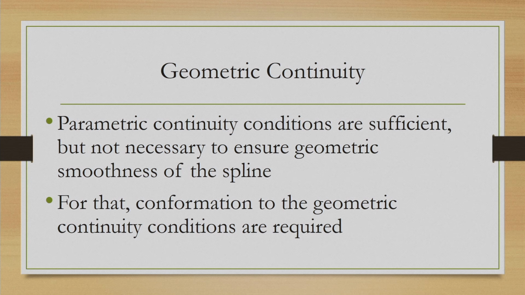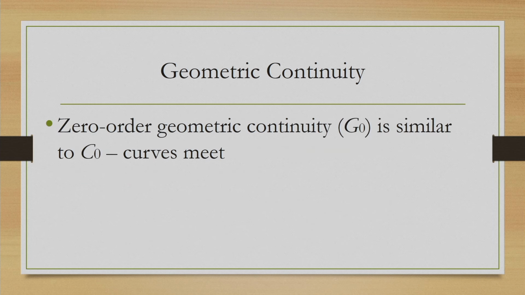Now, these parametric continuity conditions are sufficient, but not necessary to ensure geometric smoothness of the spline. For that, what we need is to conform to the other set of continuity conditions called geometric continuity conditions. What are those? The 0 order condition is denoted by G0. This is the 0th order condition, which is similar to C0, which simply states that the curves must meet.